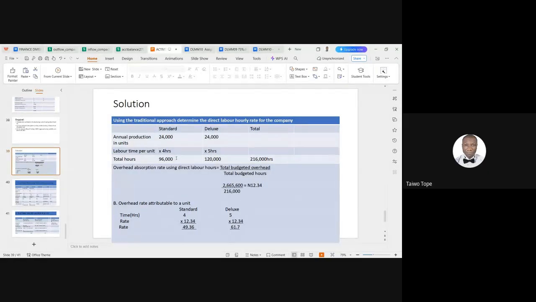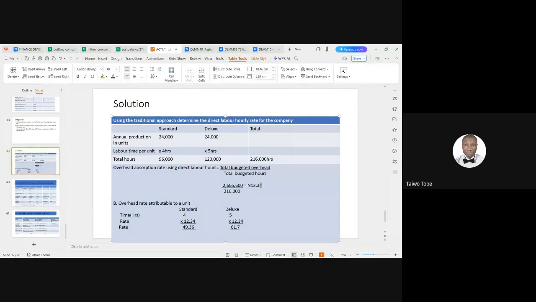The overhead absorption rate for 1 hour is what? I believe you understand how we derive this, right? 12 naira, 34 kobo. Did you get it?